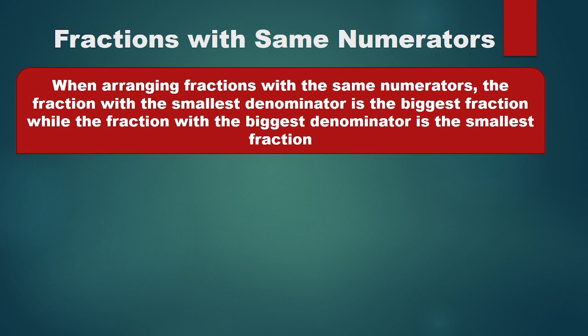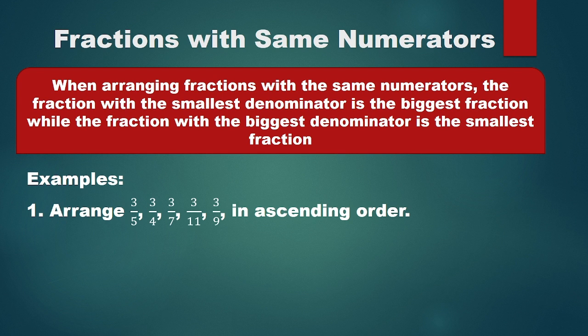Let's take some examples. Example 1. Arrange 3 over 5, 3 over 4, 3 over 7, 3 over 11, 3 over 9 in ascending order. As you can see, all of these fractions have the same numerators. So, if we are to arrange in ascending order, which is from the smallest to the biggest, the smallest fraction here will be the one that has the biggest denominator.